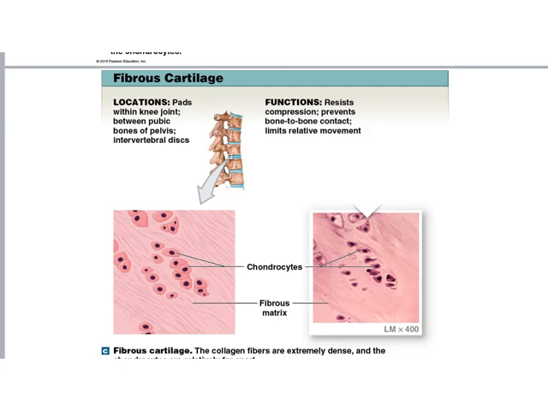So, for example, in your knee joint, let's say you're running and you're putting a lot of pressure from your weight every time you run and you land and you compress your knee together. This kind of cartilage, fibrous cartilage, is in your menisci in your knee joint, and that acts as a shock absorber. So this is kind of a tougher, firmer, shock absorbing type of cartilage.